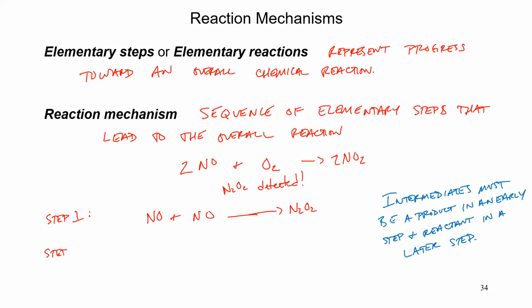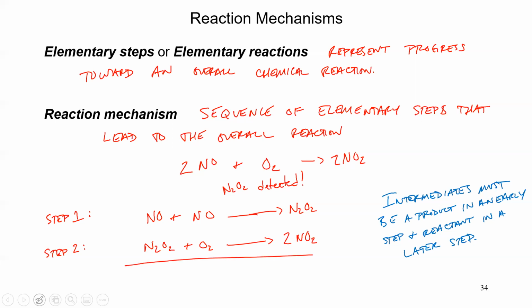For step two, we're going to use up our N2O2. I've already used my NO for my overall reaction, and the only thing that's left is O2, so that must react, and that's going to form my 2NO2. Now, it's super important that you make sure everything stays balanced, and that you're getting rid of your intermediate in your overall reaction step.